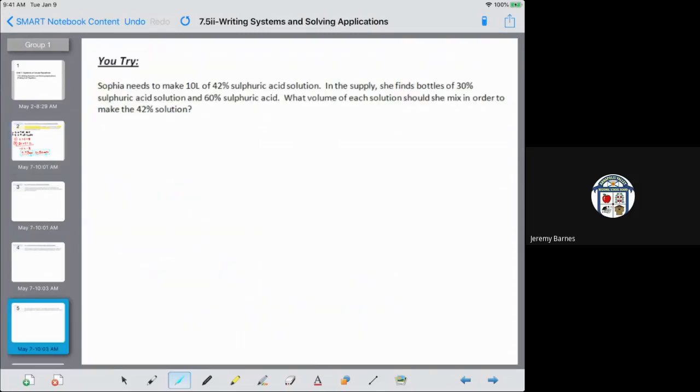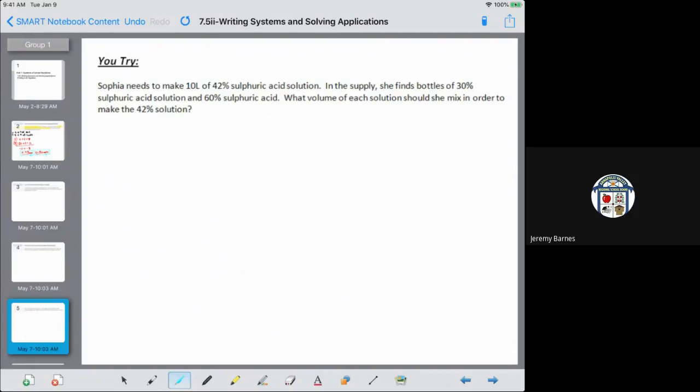Okay, let's just have a look at one more. This one is a little trickier. It says, Sophia needs to make 10 liters of 42% sulfuric acid solution. In the supply, she finds bottles of 30% sulfuric acid solution and 60% sulfuric acid. What volume of each solution should she mix in order to make the 42% solution?